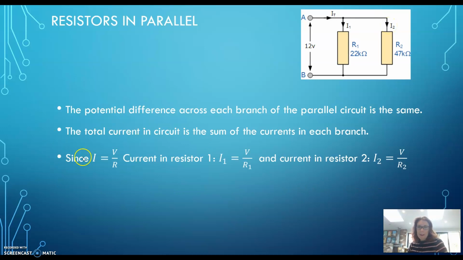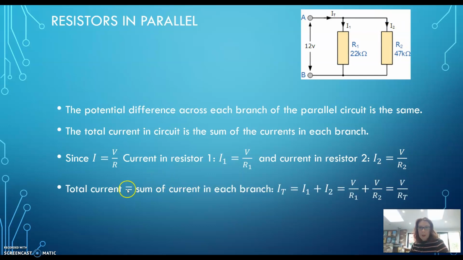So, since current is equal to potential difference divided by resistance, the current in resistor 1 here will be the voltage across it, which in this case is 12, divided by its resistance. And then in the second one, the current in this one will be the voltage across it divided by its resistance. The total current is the sum of the current in each branch.